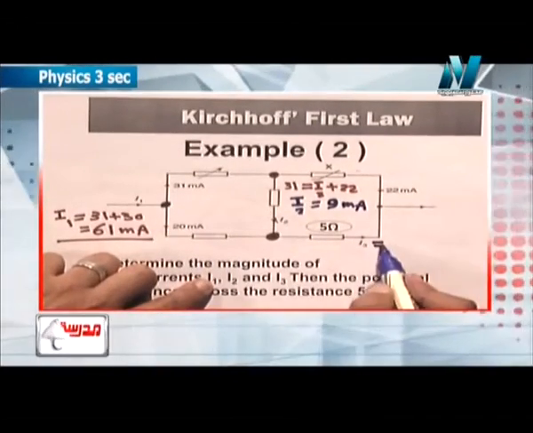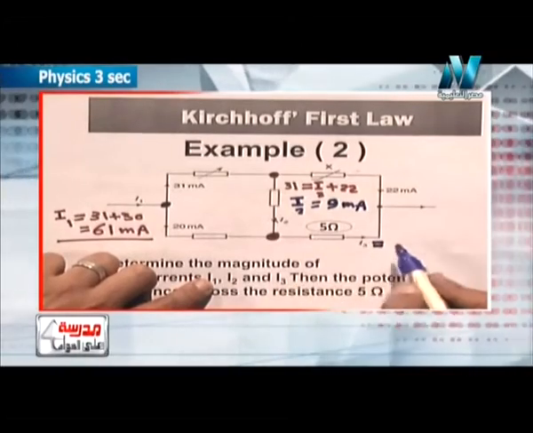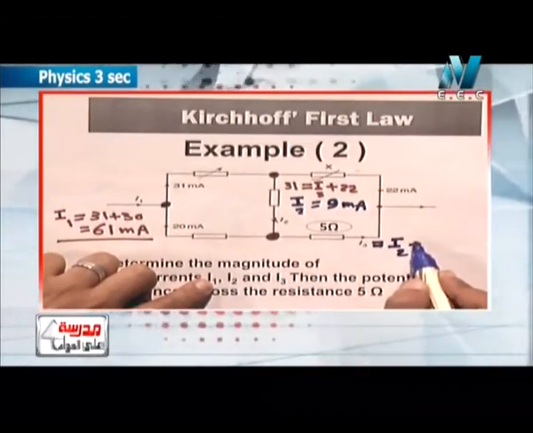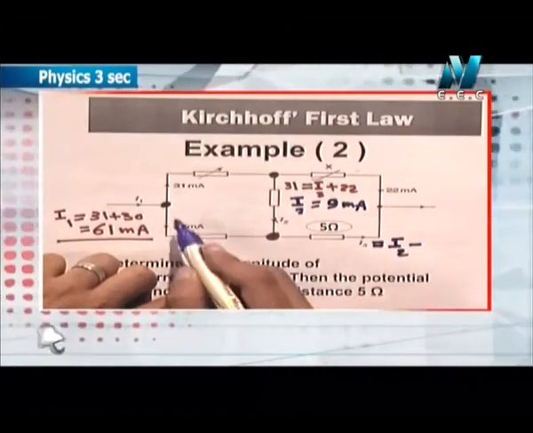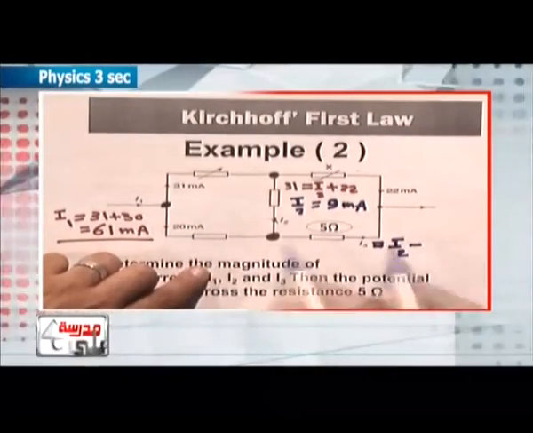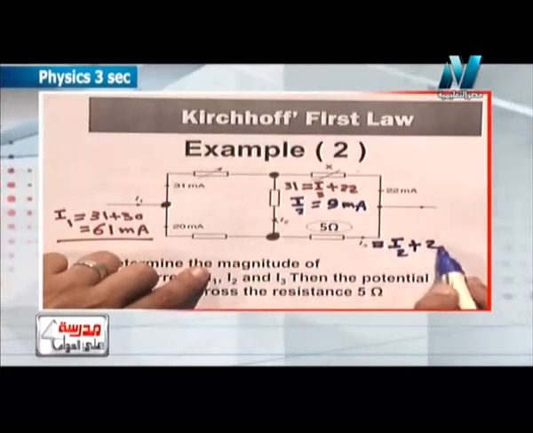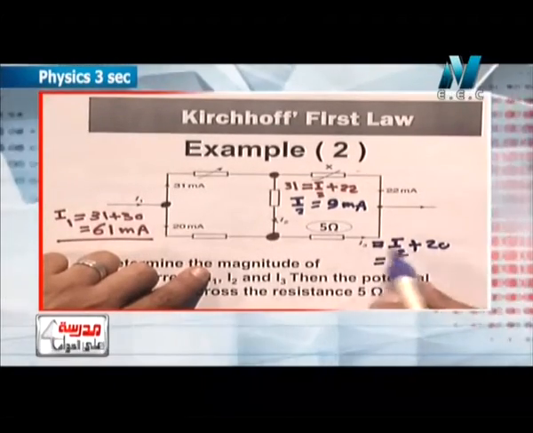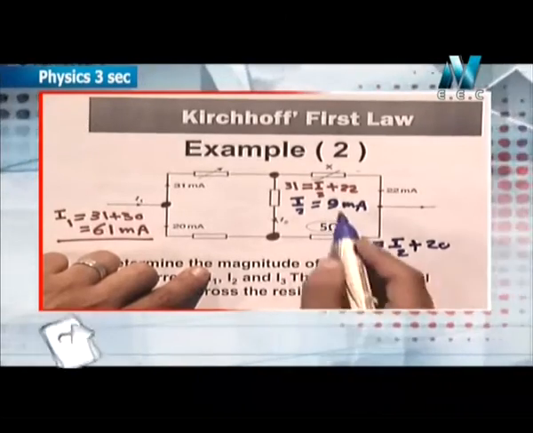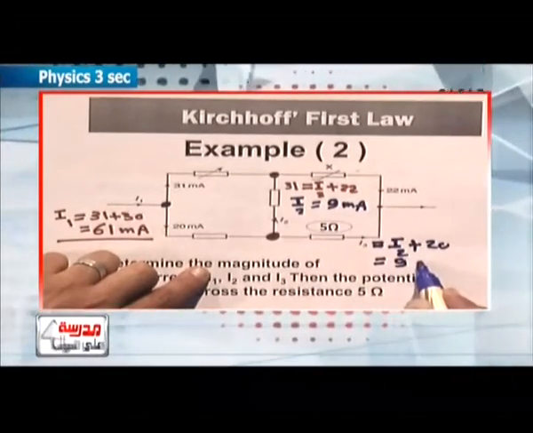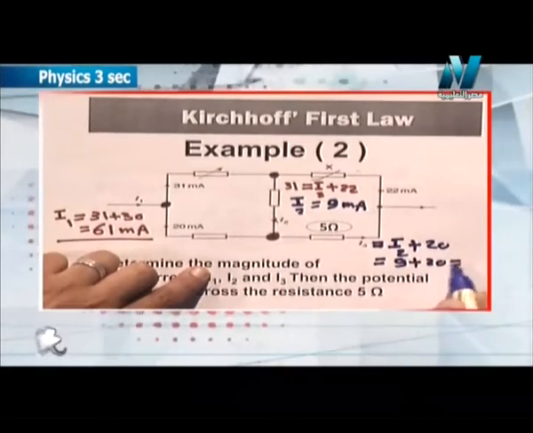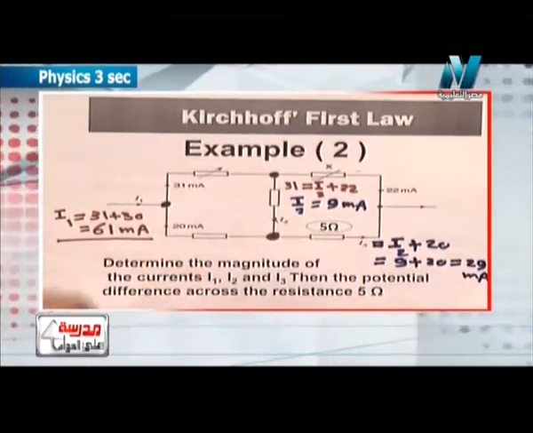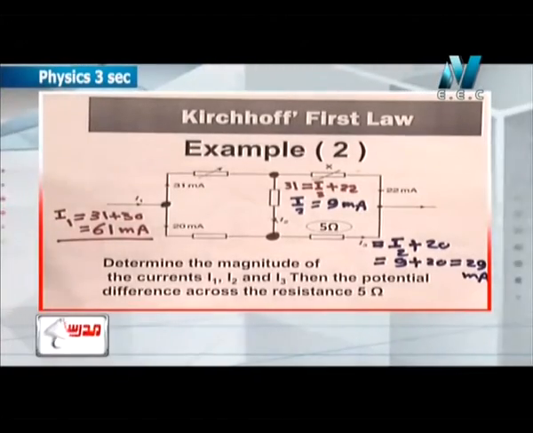I3 equals I2 plus 20 milliampere. Substitute I2 from the previous: 9 plus 20 equals 29 milliampere. So here I3 equals 29 milliampere.